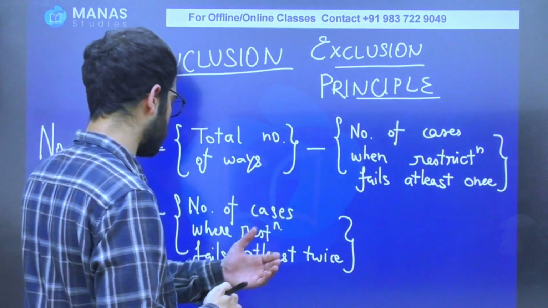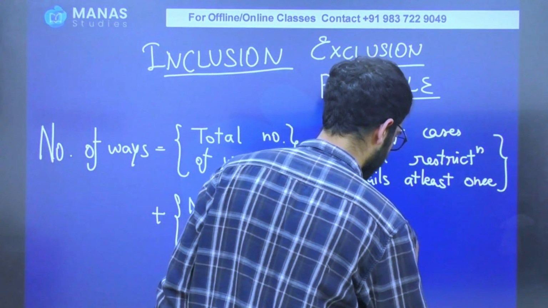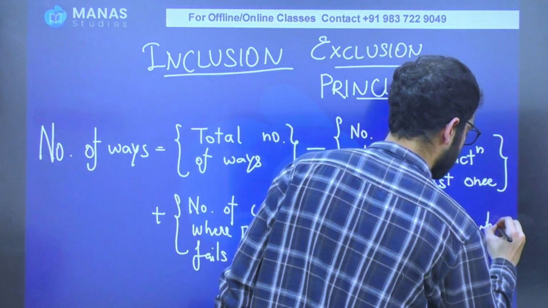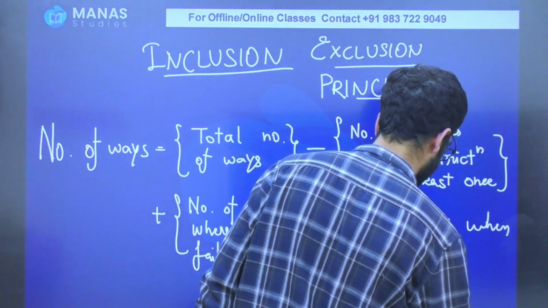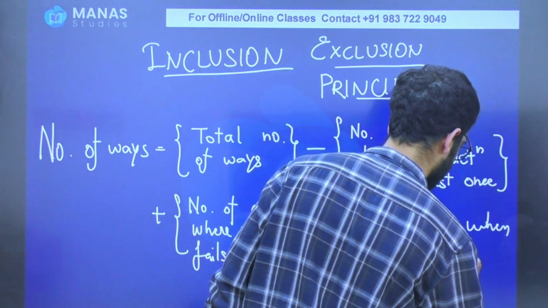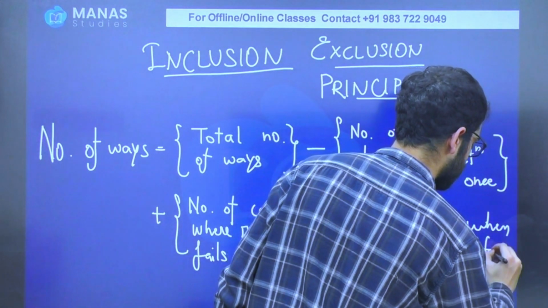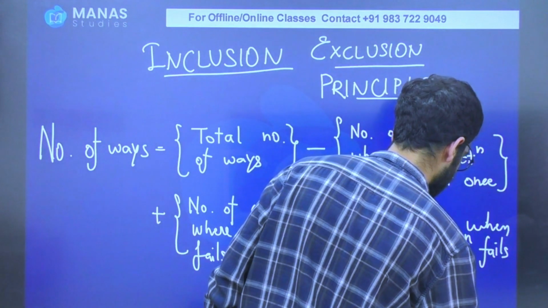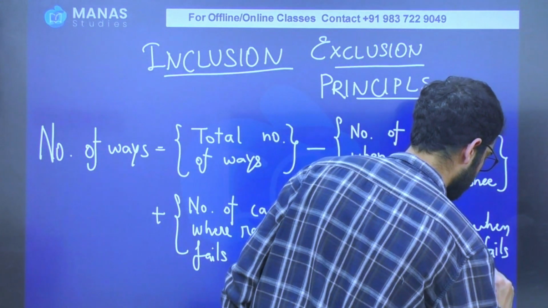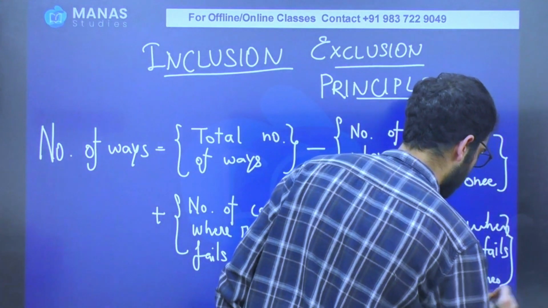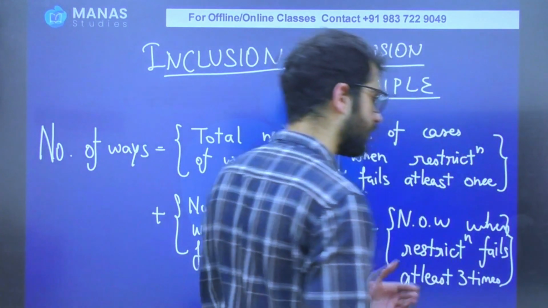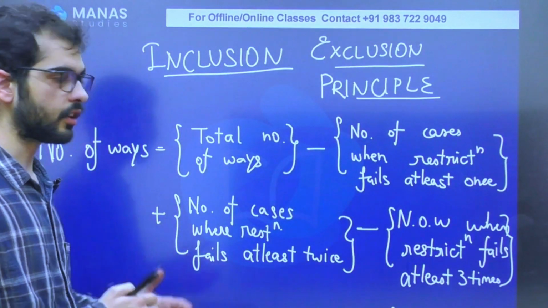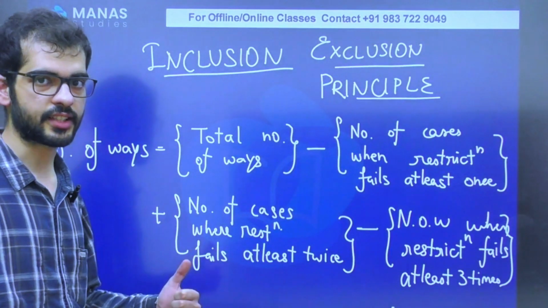And on a similar note, now we are going to subtract the number of ways when restriction fails at least 3 times, and this process will be repeated n number of times. So this is going to be the general formula. Now let's solve a few questions regarding the same.